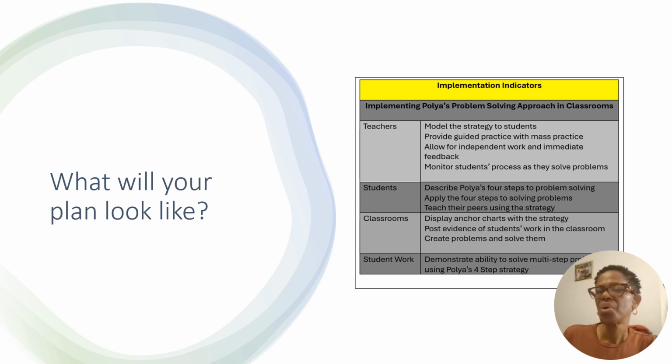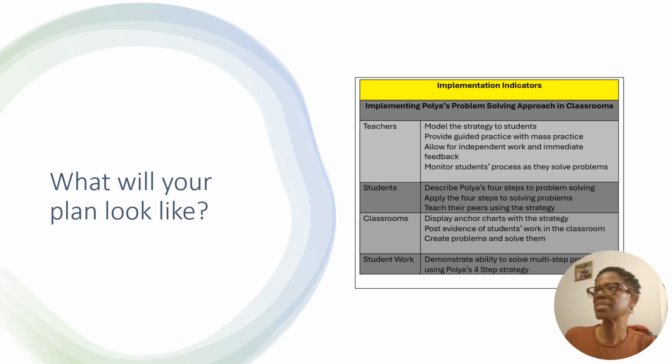Students' work will demonstrate their use of the strategy in solving problems. And so you know when you go into classrooms that these are the things that you are looking for, and you can say, yes, we are using that strategy, and you are looking for the progress in students. So you must outline what the plan is going to look like.